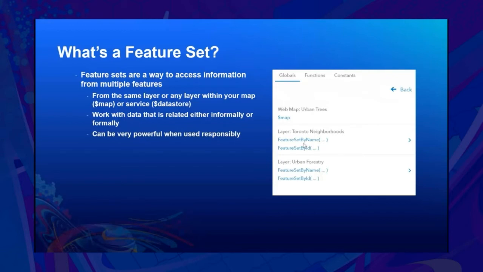So what you basically do is you define the context within which you're going to work with the features. So in the context of a map, I'm going to say I want the layers in my map, and inside the layers in my map, I want urban forestry. And then you define that feature set, and from there you can filter and query and manipulate that data as you need to. You could perform a spatial operation, different things like that.